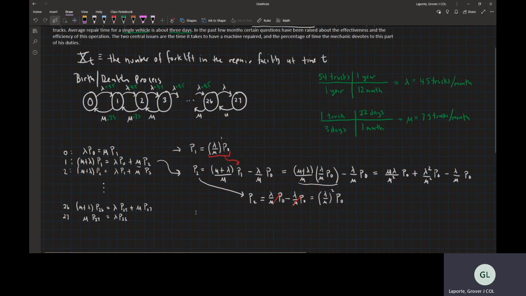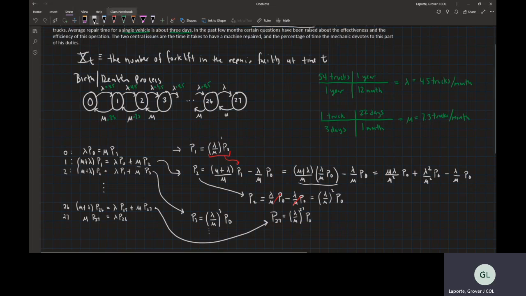If we put our thinking caps on, and if we had enough time, we could show that P3 is equal to lambda over mu to the 3rd power times P0, and dot, dot, dot, lo and behold, if I wanted P27, I'd find out that P27 is equal to lambda over mu to the 27th power times P0, if you did all the ones before it.